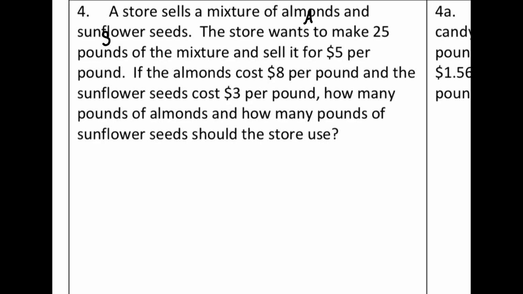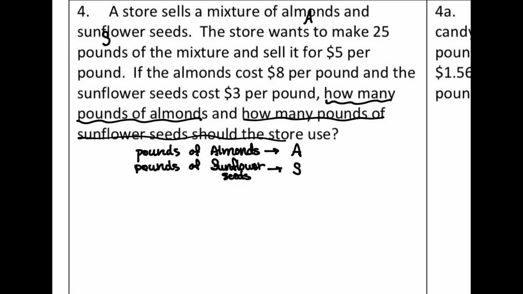Because it's asking how many pounds of each, I knew that's what my answer needed to include. So A is how many pounds of almonds and S is how many pounds of sunflower seeds. It's like you write a key. You want to tell yourself and whoever's reading it what you're doing so that it can make sense.